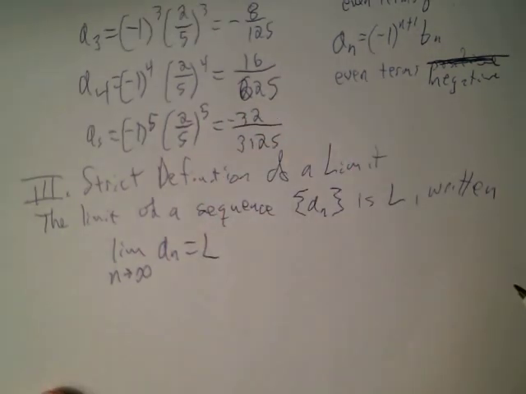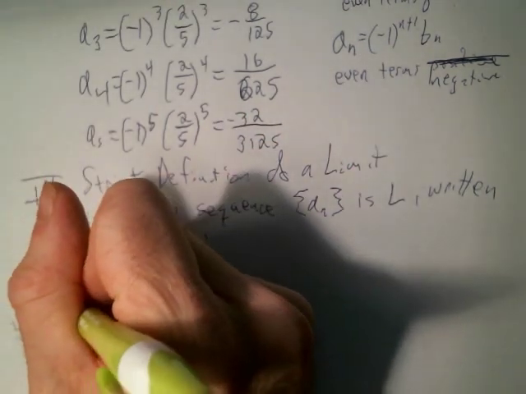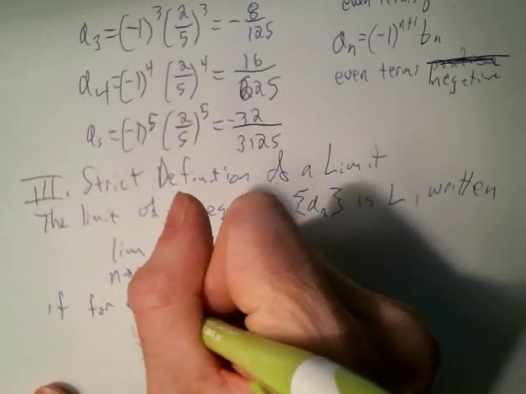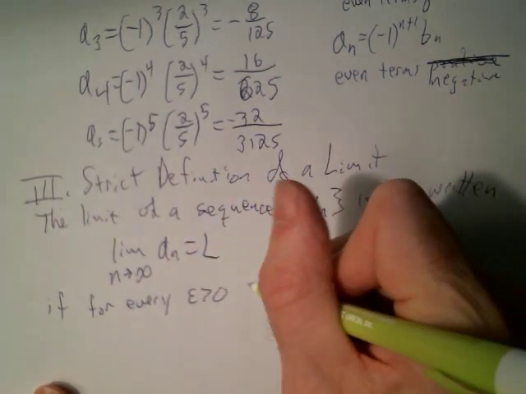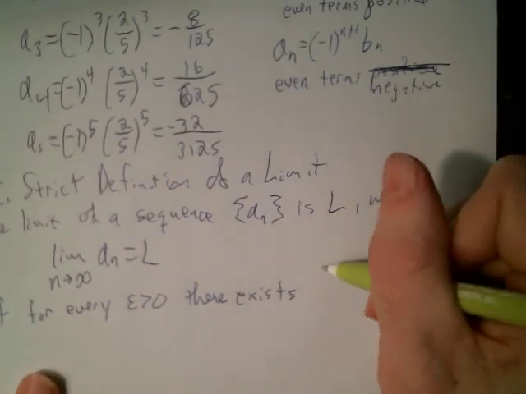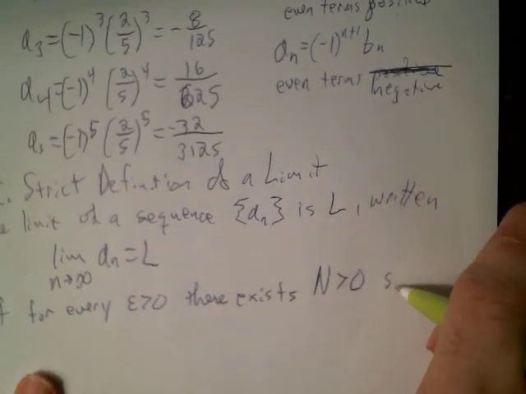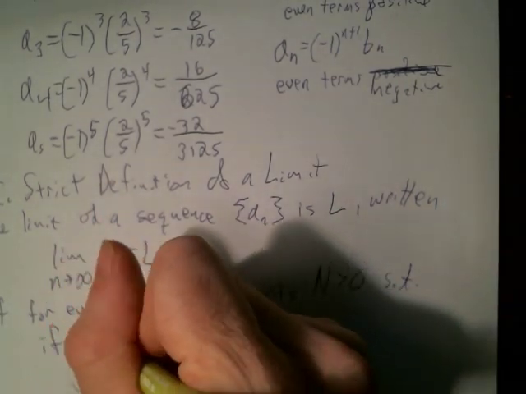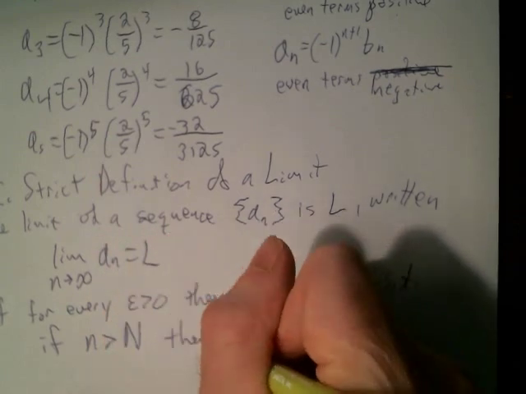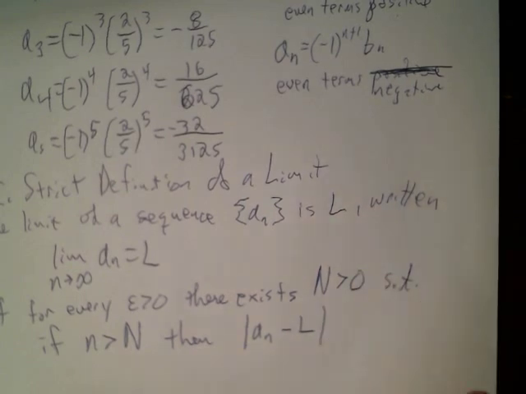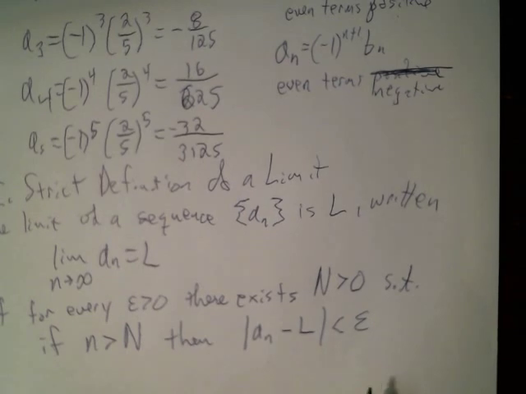So the limit of a sub n equals L if for every epsilon greater than 0, there exists some big N value greater than 0 such that if n is greater than this big N, then the a sub n terms will be really, really close to this L value. In other words, the difference between a sub n and L will be less than epsilon.